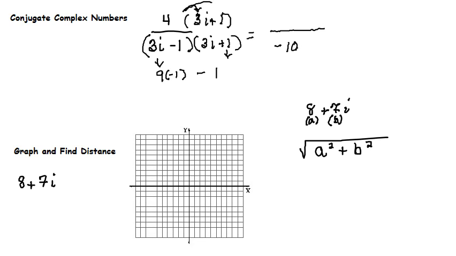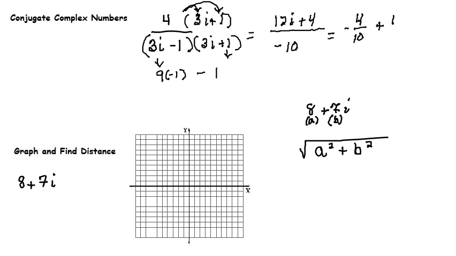Going to go ahead and just FOIL things out, so we get a 12i plus 4. Going to rewrite it into reals first, so we end up with a 4 over a negative 10. Throw that at first.